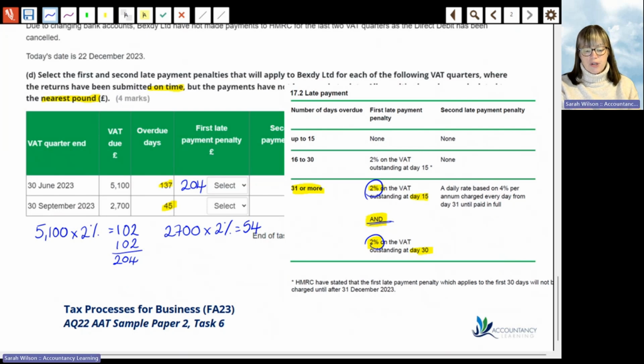So again, because we're 45 days overdue, we've got the first 2% and another 2%. So we need to add those two together and we will get 108 as our first late payment penalty.